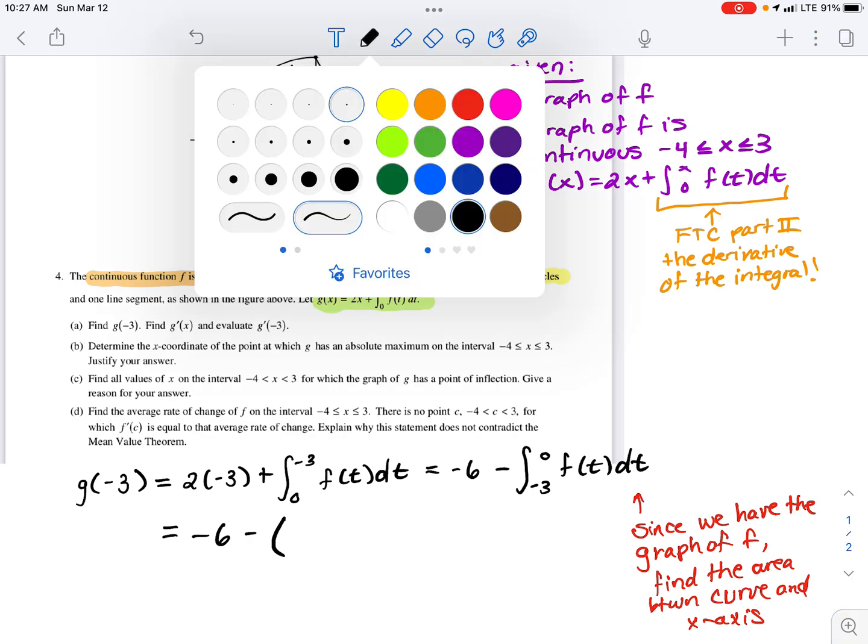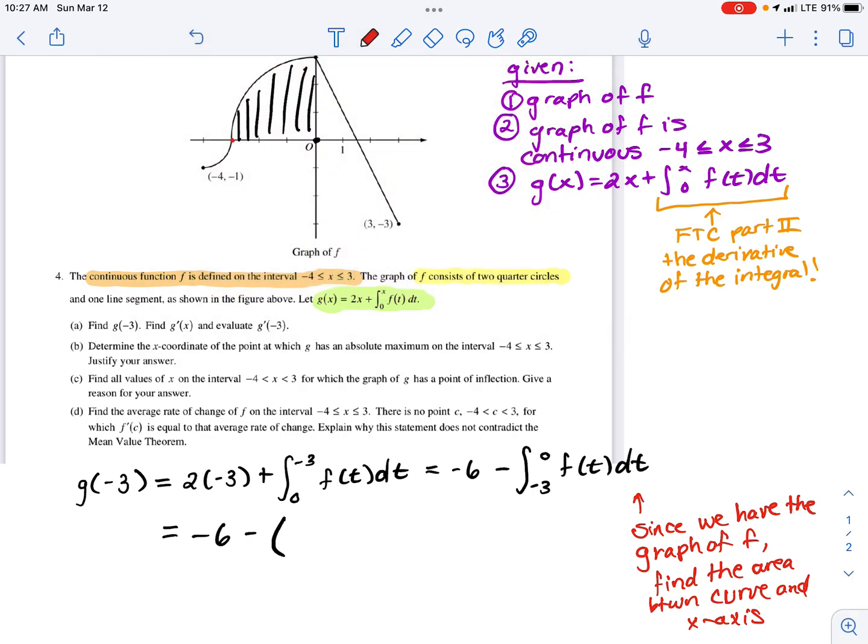So the radius here would be 3, right? So r is 3. Remember, the area of a circle is pi r squared. So this is going to be 3 squared pi over 4. You could leave it as that, but for the sake of this, I'll just say that this is 9 pi over 4.